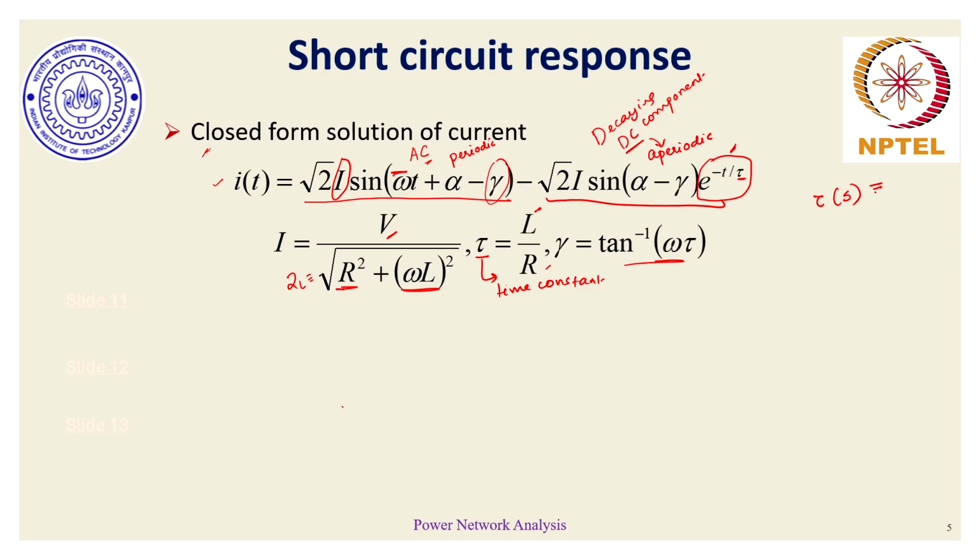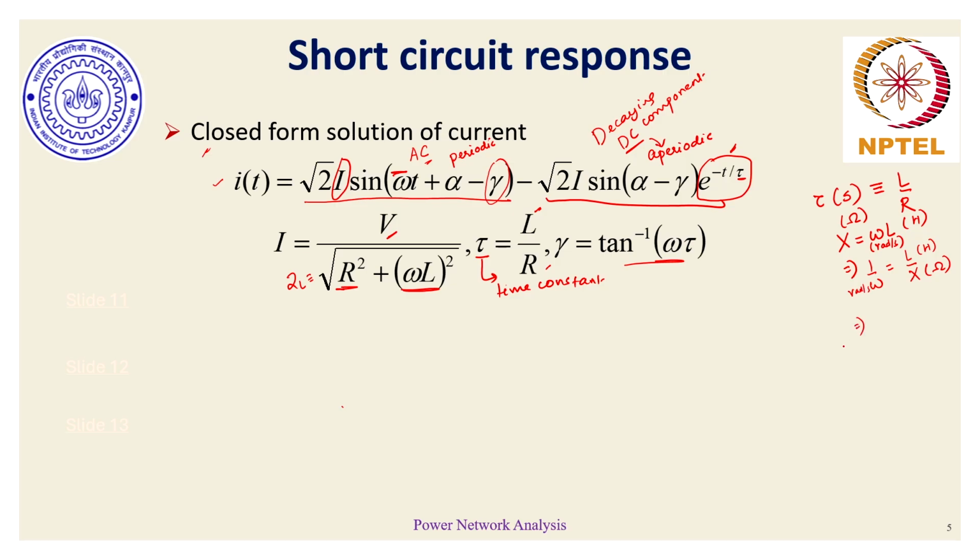This unit should match the unit of L by R. Remember that for inductance L, the reactance is omega times L. So rearranging, 1 by omega equals L by X. L has unit Henry, X has unit ohm, and omega has unit radian per second.